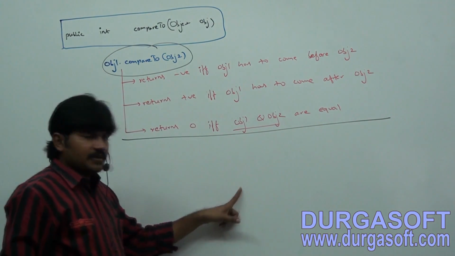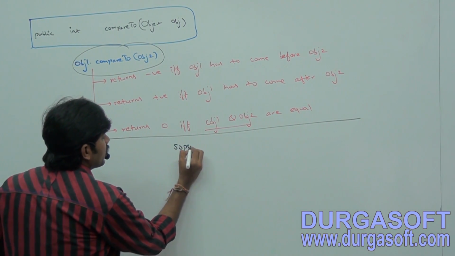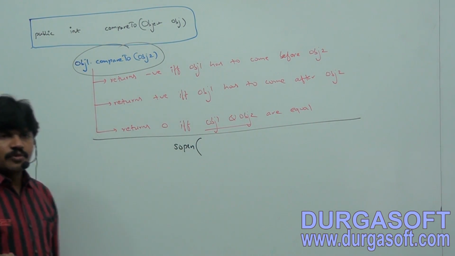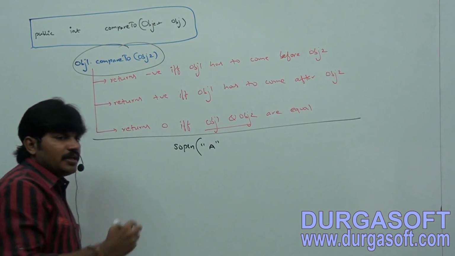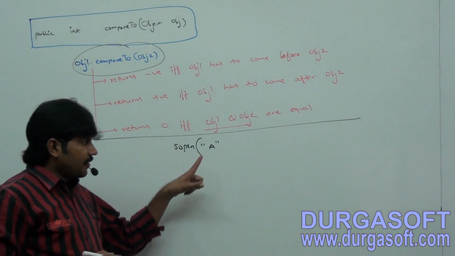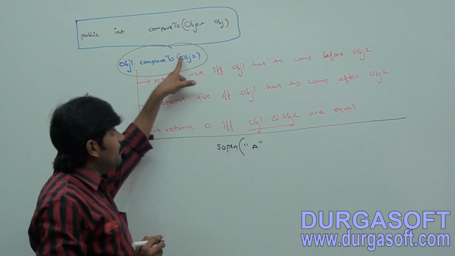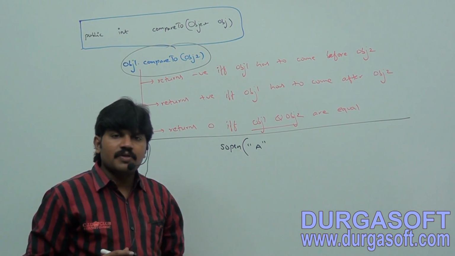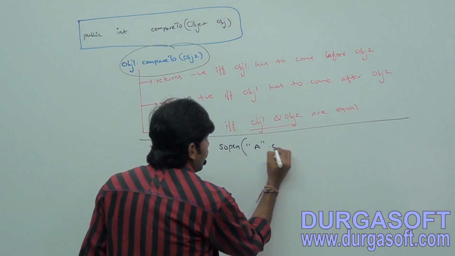I hope it is visible, right? System.out.println. SOP of A. Which type of object is A? String. String already implements Comparable, so for String the CompareTo capability is there, but for StringBuffer CompareTo is not there.